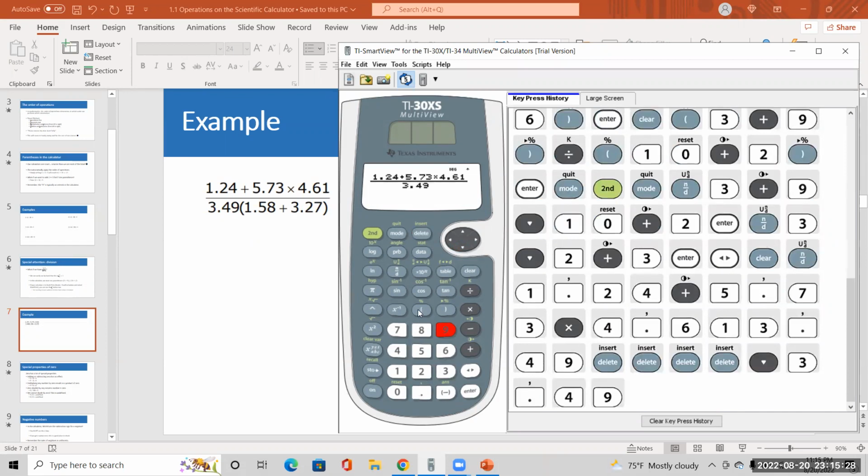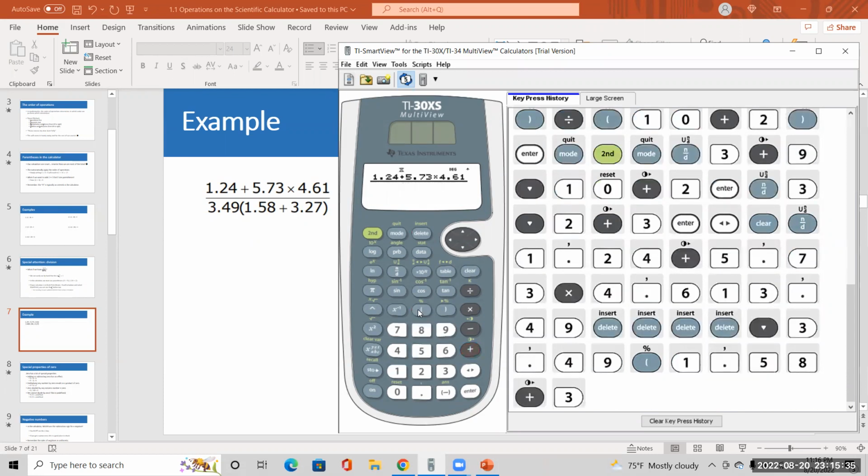You're going to open parentheses and have 1.58 plus 3.27. Close your parentheses. Press enter. And you should get somewhere around 1.634.